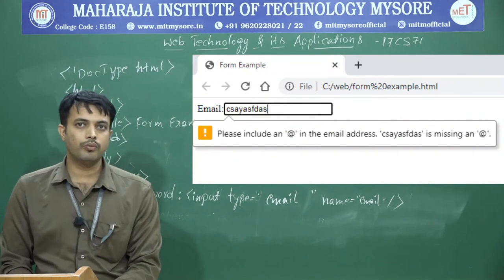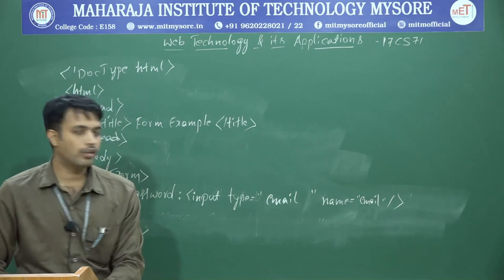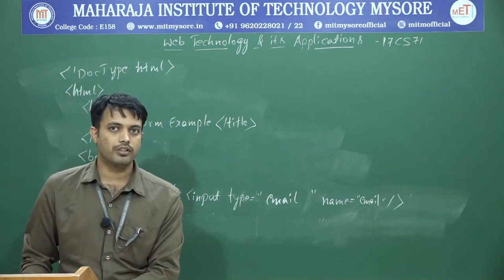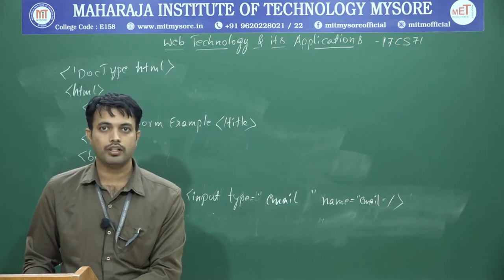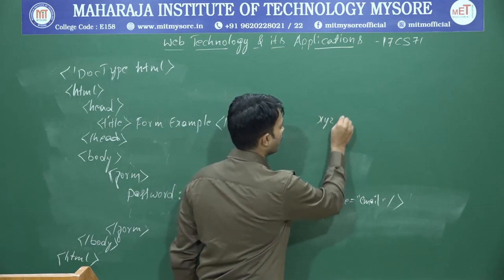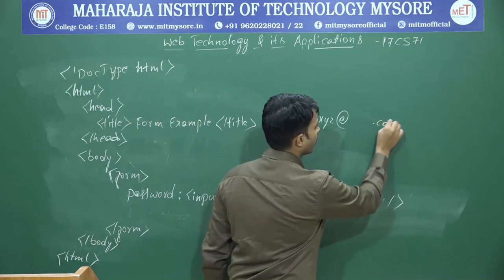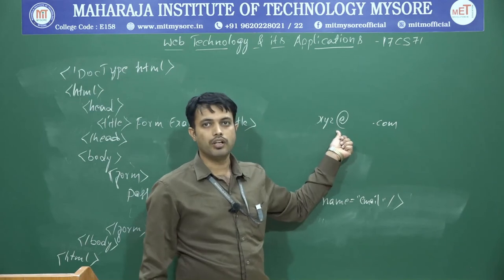We need to validate this input, right? I have discussed single line information and multiple line information, where we don't have any restriction, but for the mail we have a definite pattern. That means at the rate some XYZ, at the rate Gmail or whatever .com or .in, this is what we call the domain, and the at the rate symbol, is it right?